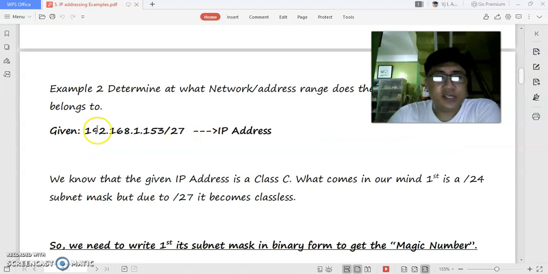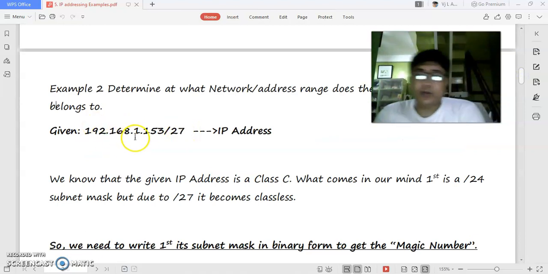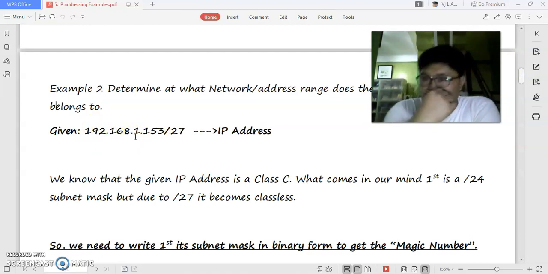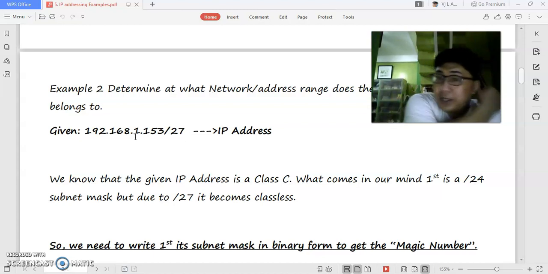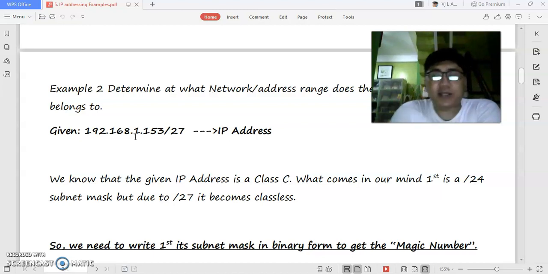So with this given IP address, you are asked to find which group this IP address belongs to. For example, does this IP address belong to the faculty, or to the laboratory, or to the library? So you are actually tracking where this IP address belongs.